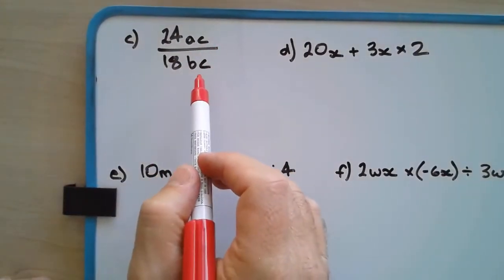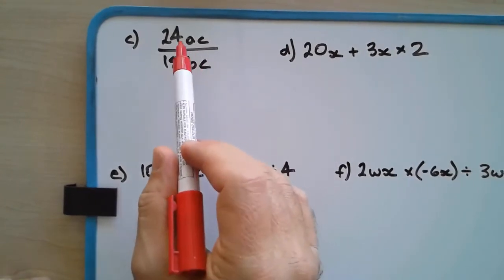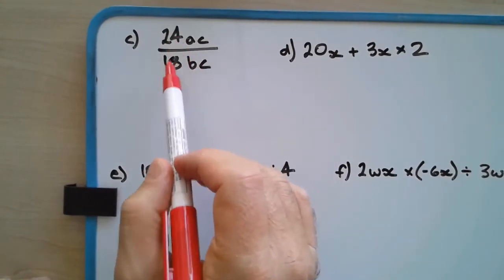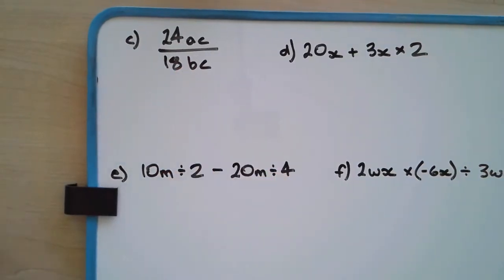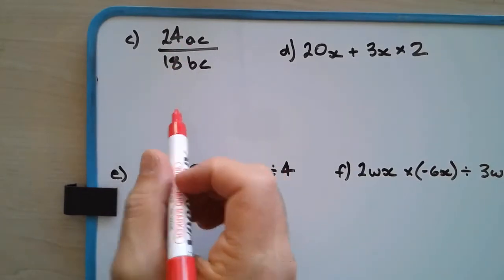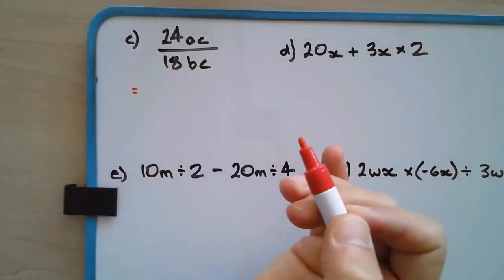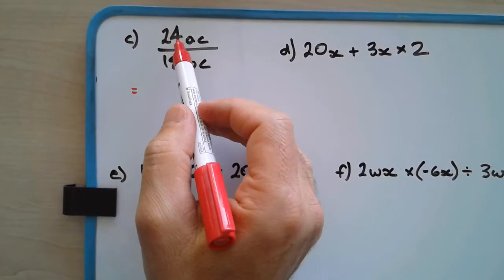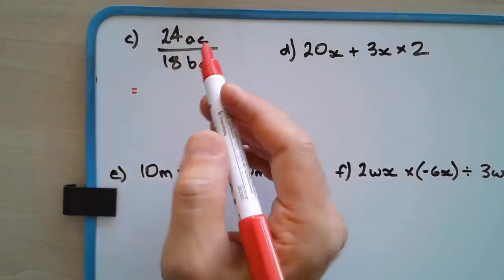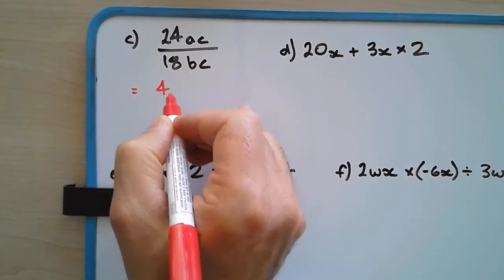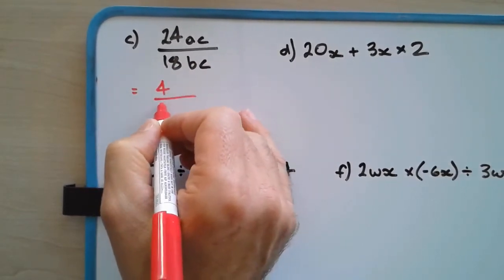24ac over 18bc. Now this one, simplifying the fraction, won't give you a whole number. So 24 over 18, if you want, you can divide top and bottom by 2 if you want to do it in multiple steps. This is without a calculator, or you can see that both 24 and 18 can be divided by 6. So that actually gives you 4 over 3.